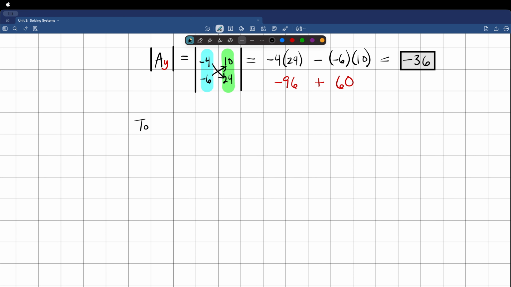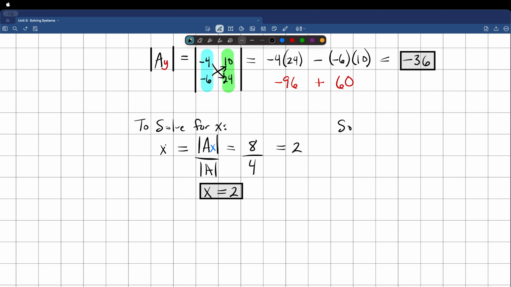So to solve for x, it's x equals the determinant of the x divided by the determinant of the coefficients. So our determinant of the x was 8. Determinant of the coefficients is 4. We simplify this, we get 2. So the x solution is x equals 2.